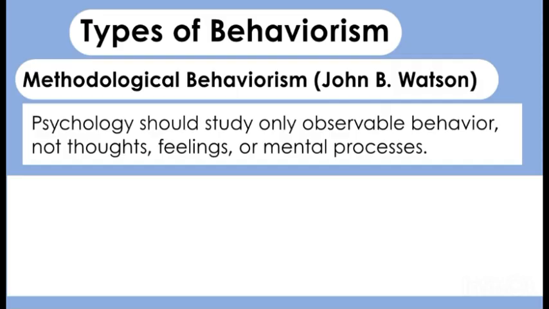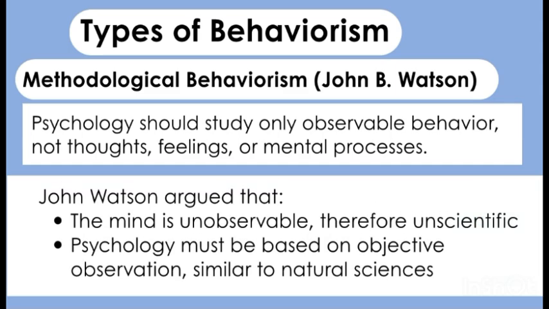No? So behaviorists reject the study of the unseen mind, such as thoughts and feelings, because these cannot be directly observed or scientifically measured. These unseen mind, feelings, no. So according to John Watson, psychology must be based on objective observations similar to natural sciences.